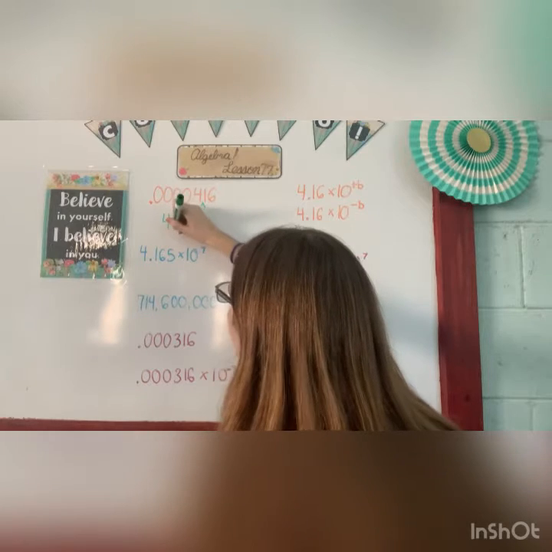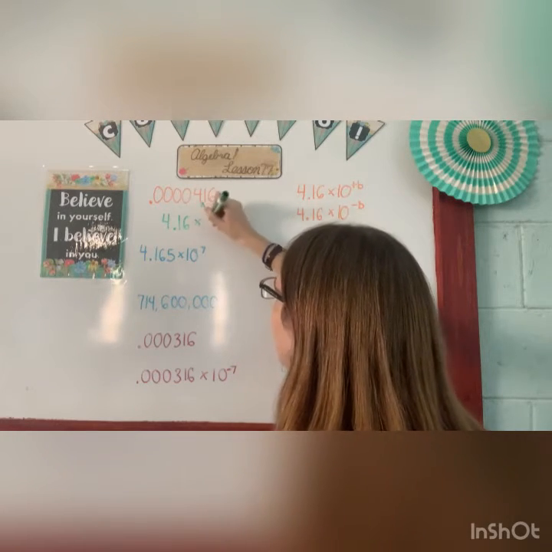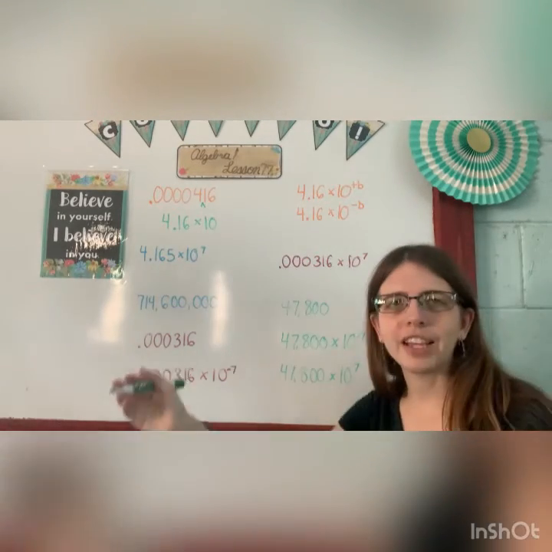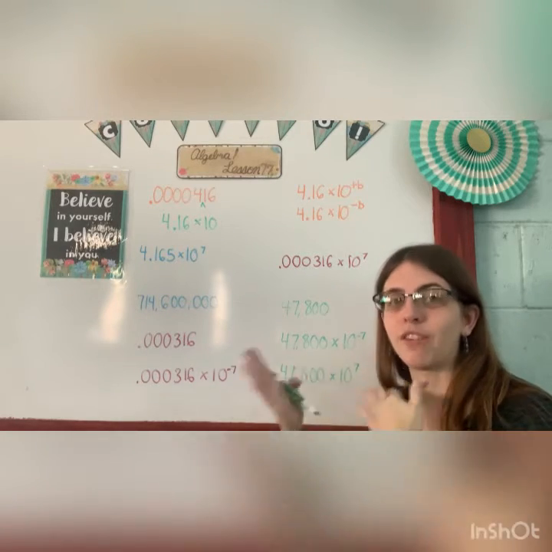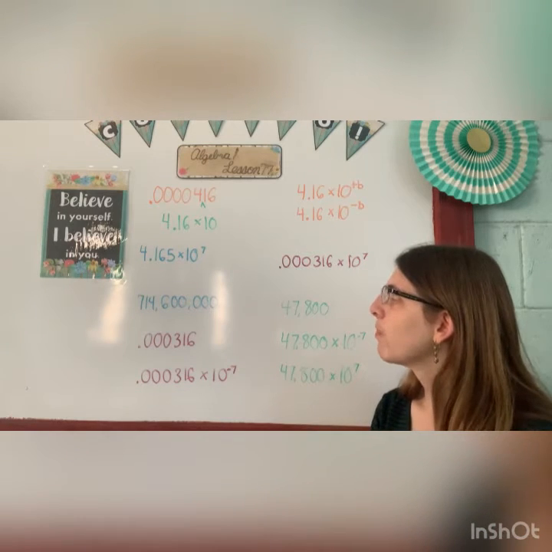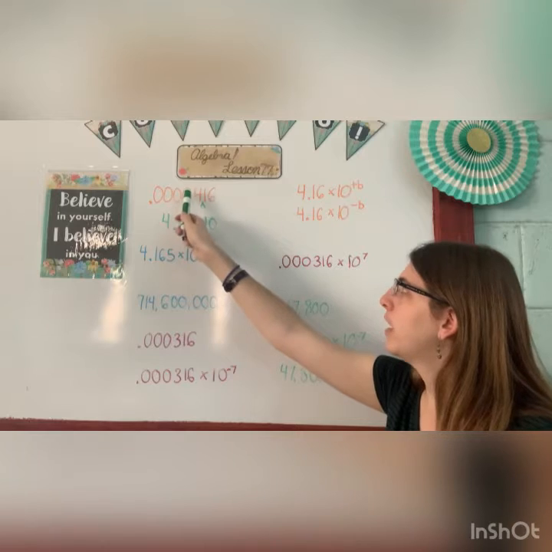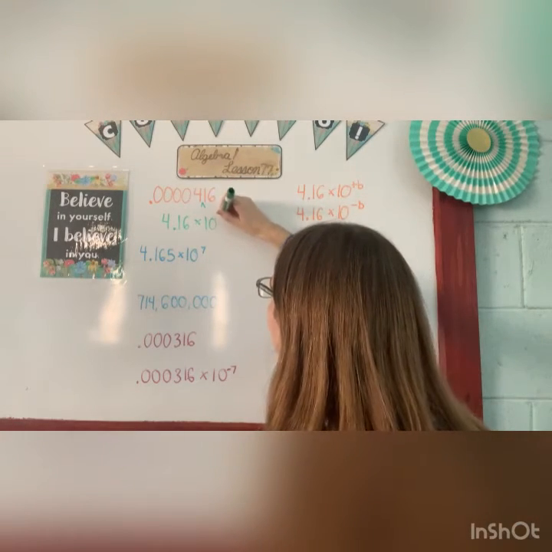So I have 4.16. Now you say times 10, because we've moved our decimal point, so we know that we're multiplying by 10, or dividing by 10, in order to get that decimal to where we want it to go. Now, we've moved it 1, 2, 3, 4, 5 places over. So our exponent is 5.